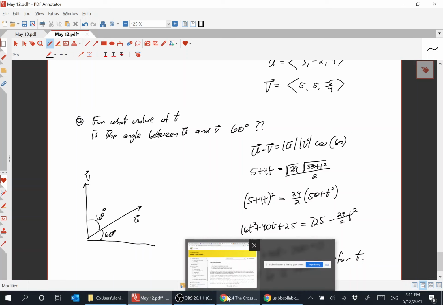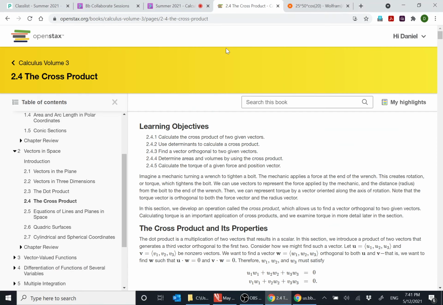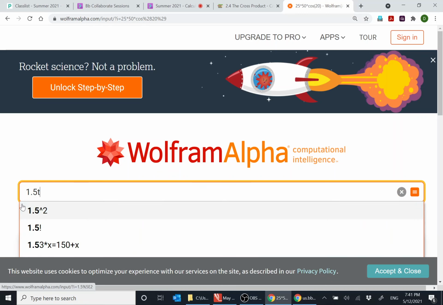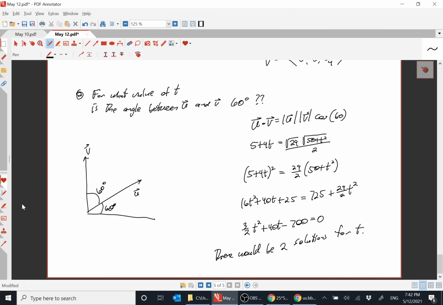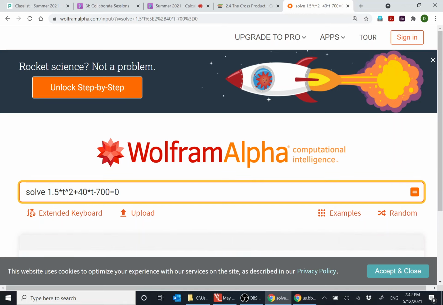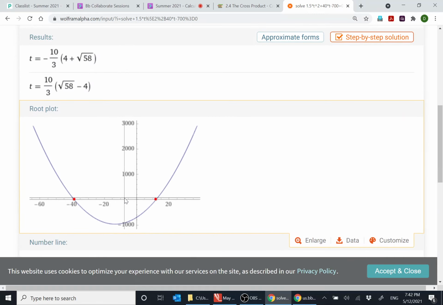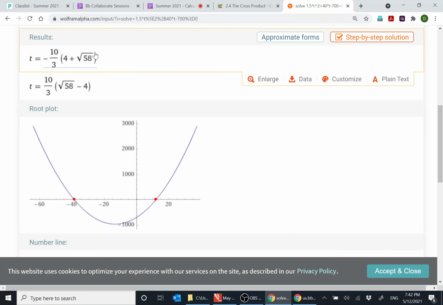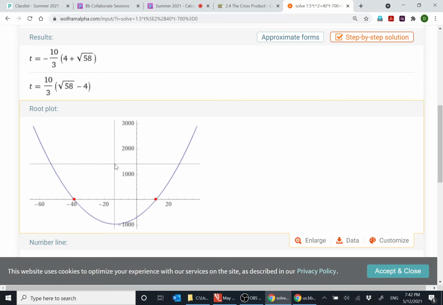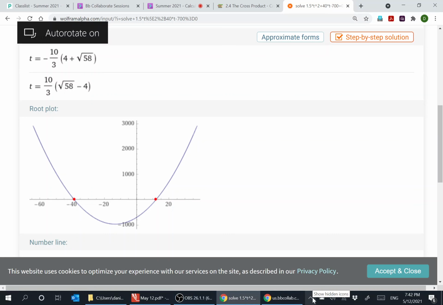So we could ask Wolfram Alpha to solve that: 3 halves t squared plus 40t minus 700. Those are the solutions right there. I'm not even going to write them down, but you see you get 2 solutions, giving you the same angle in 2 different directions.